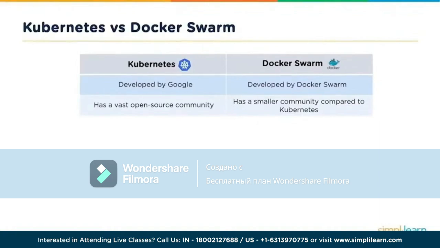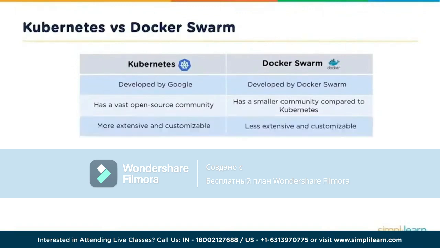Docker Swarm is actually managed and developed by Docker. There is a smaller community, but it is also a very passionate community, and the reason is that both products are actually pretty good and you just have to choose which one you want to go with. Without doubt, there are more customizations and extensions built for Kubernetes simply because the community is so much bigger than the Docker Swarm community.